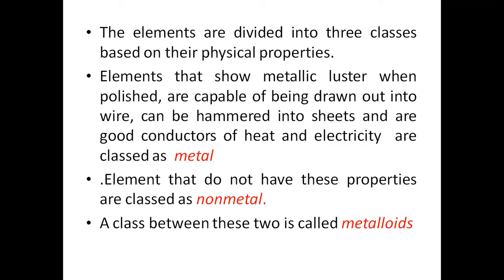The first: elements that show metallic luster when polished, are capable of being drawn out into wire, can be hammered into sheet, and are good conductors of heat and electricity are classed as metals.